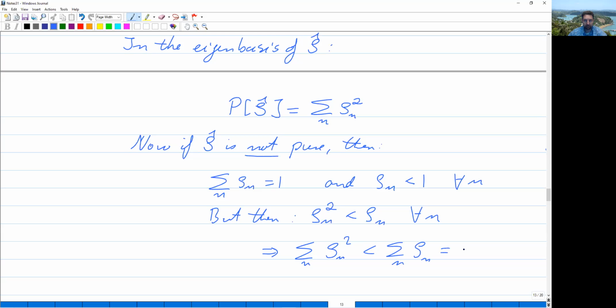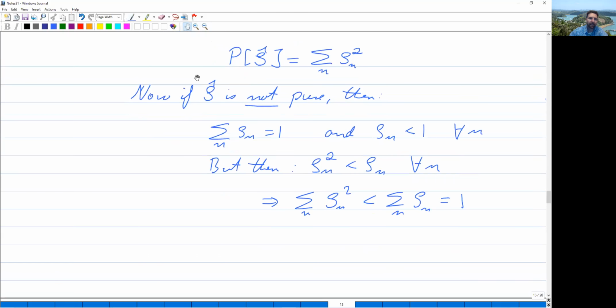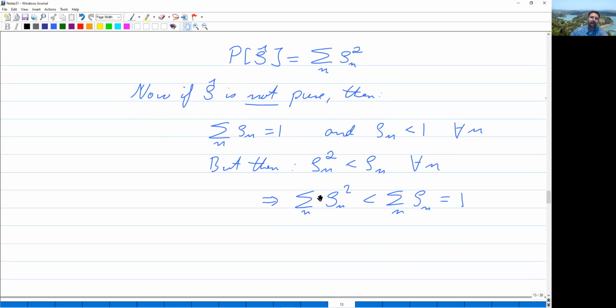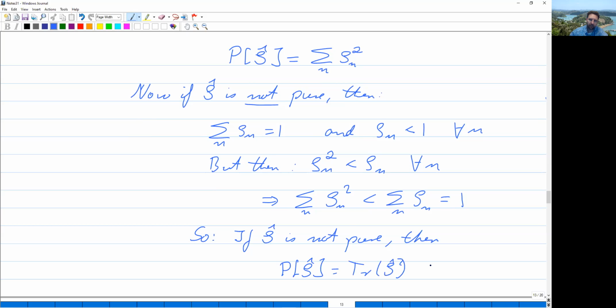But this is the trace, it's just 1. So therefore, if rho hat is not pure, then the purity measure of rho hat, which is the trace of rho hat squared, is strictly smaller than 1.